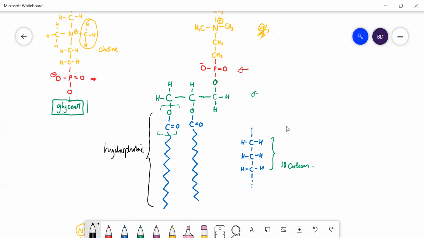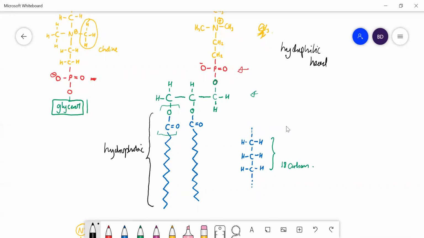So we have a molecule that is sometimes called amphipathic, which means it's got a hydrophilic head up here and a hydrophobic tail, the double tail really, because you've got 2 fatty acids stuck onto the glycerol.